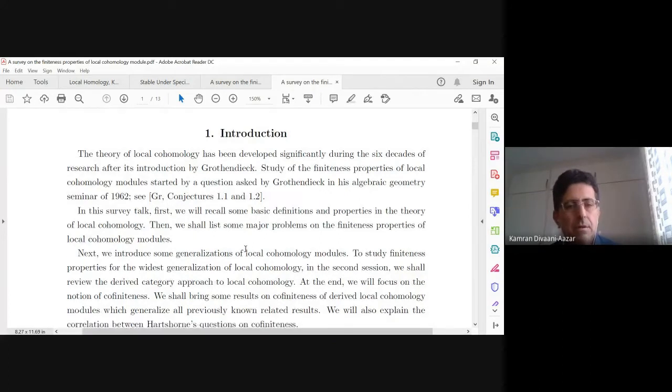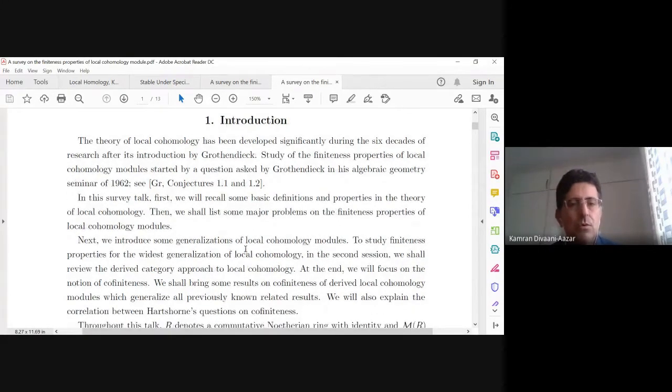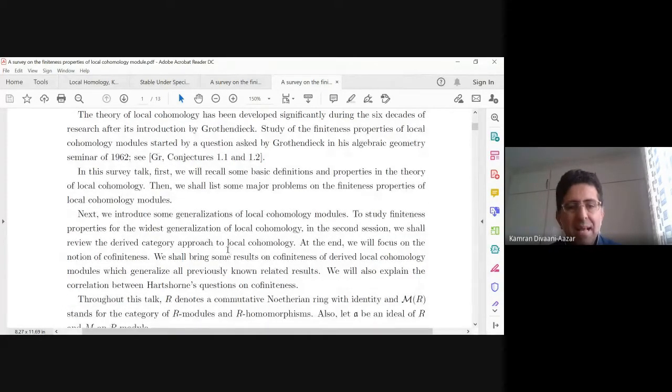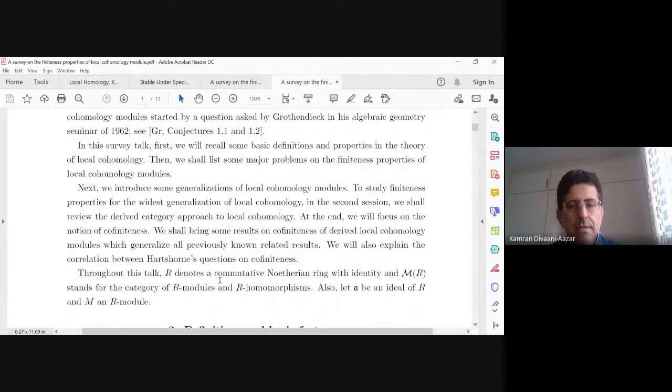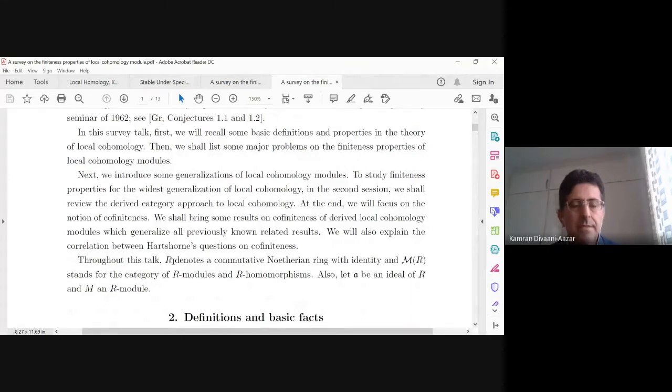Then Hartshorne presented some more questions, and nowadays this collection of questions is the main body of the finiteness theory of local cohomology modules. Just some notation throughout this talk.